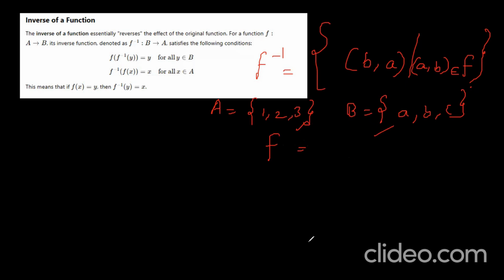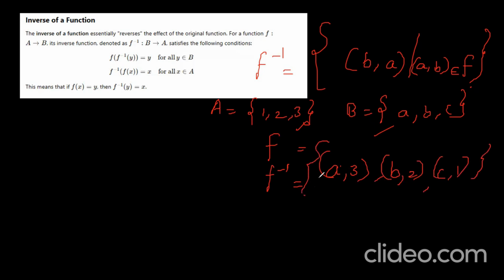So F inverse is going to be A3, B2 and C1. This is F inverse. Is it a bijection then? Yes, it is a bijection from B to A. You understand? Very good.